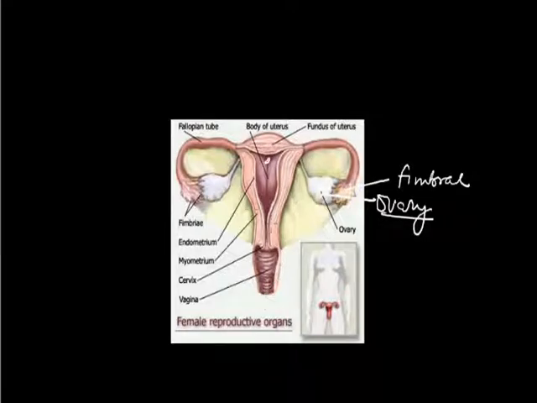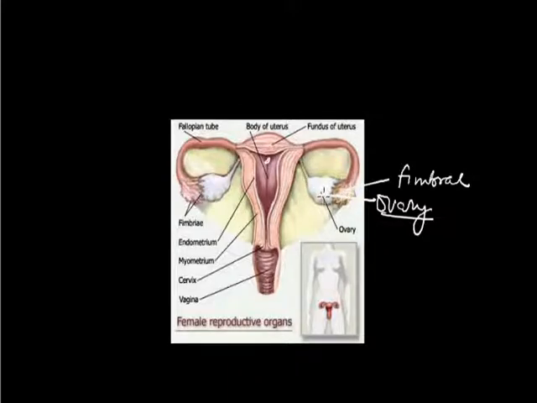So if we start naming the structures in the correct sequence, the main reproductive organ of the female reproductive tract is the ovary. They are located just above the kidneys, and each is connected with the outer side of the wall of the uterus.